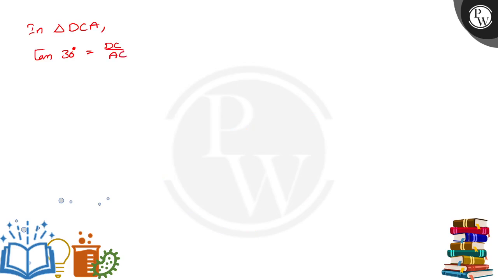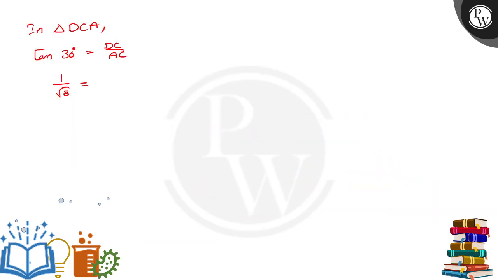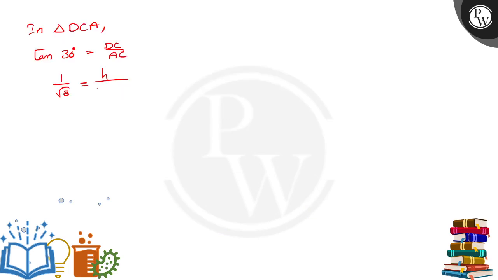What is tan 30? 1 by root 3 is equal to, what is DC? H, by AC, which is x plus D. If I do cross multiplication, I will get x plus D is equal to root 3 into H. Take it as equation number 2.